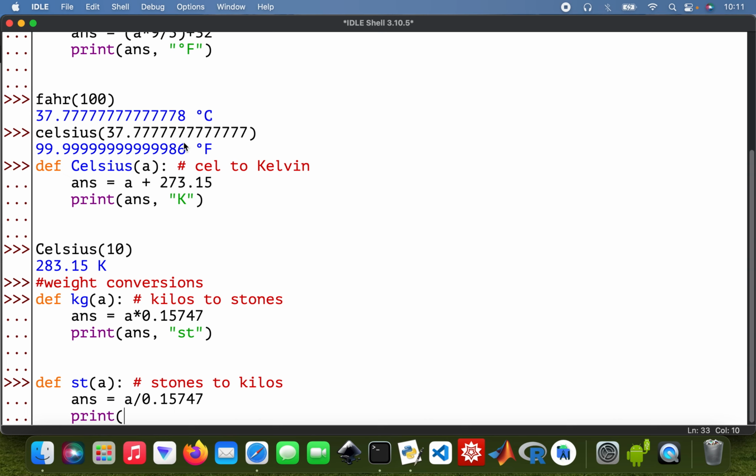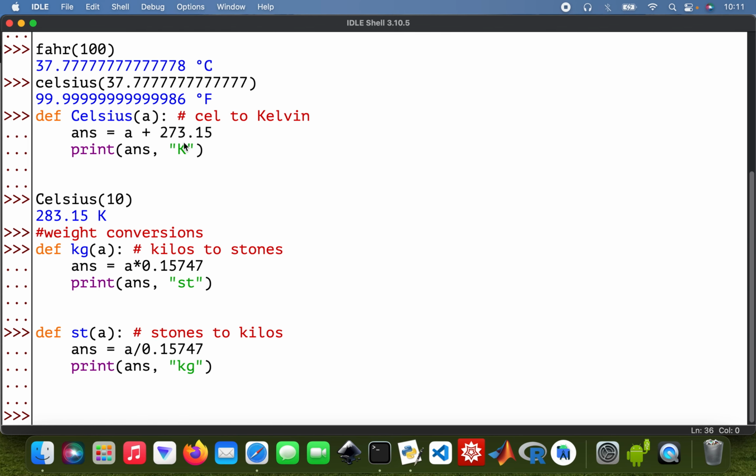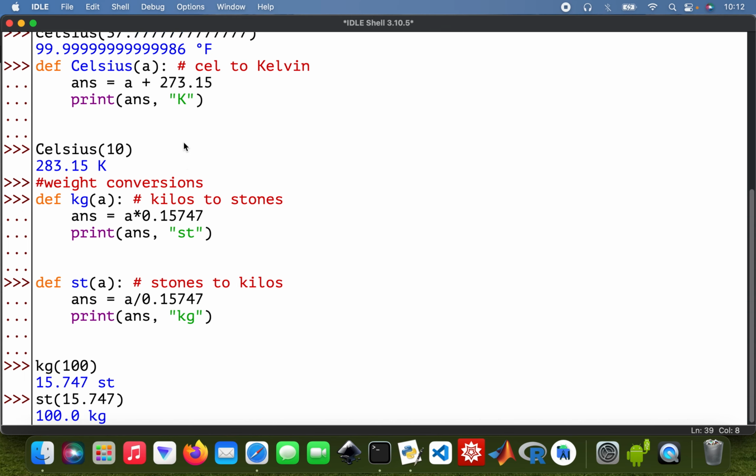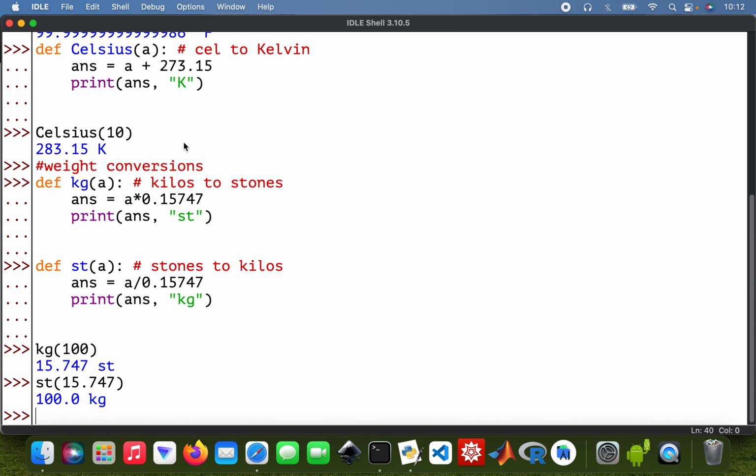So then print an answer as well, and then put my units as kilograms, kg. So if somebody's 100 kilograms, they have got 15.747 stone. And then from stones to kilos, I'll type in the same number, 15.747. That's 100 kilograms. Okay, cool.